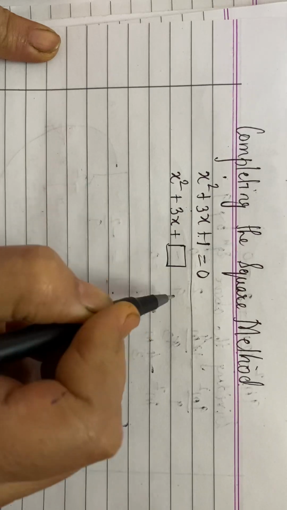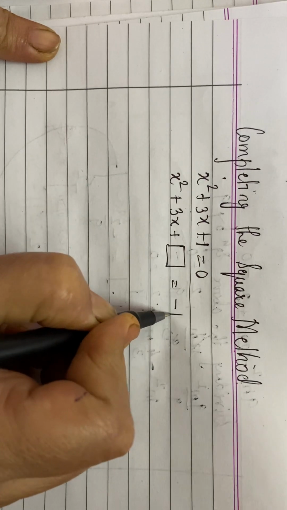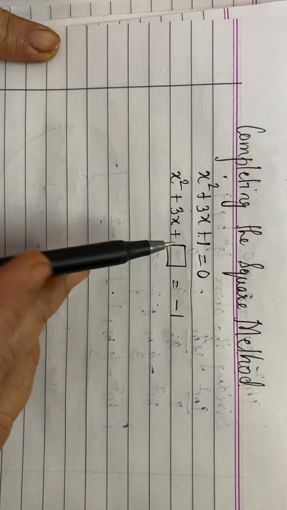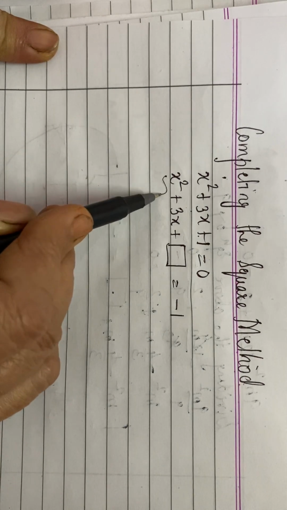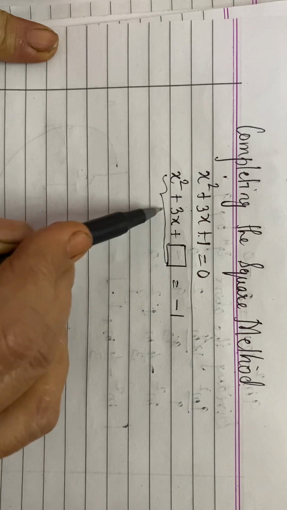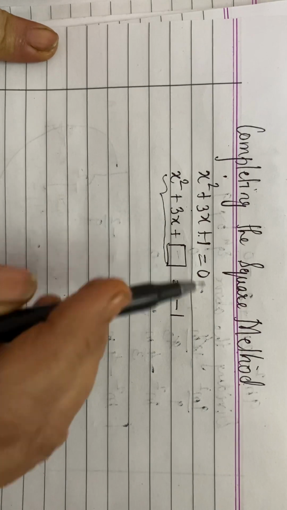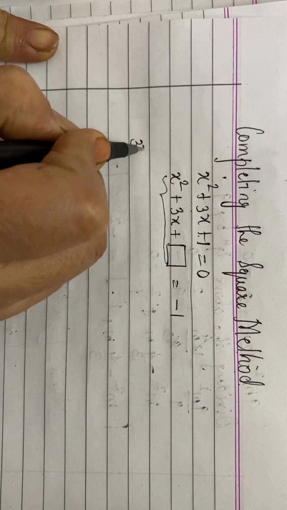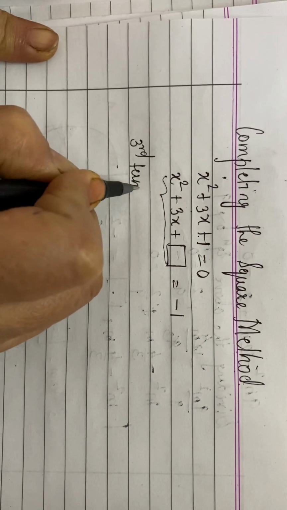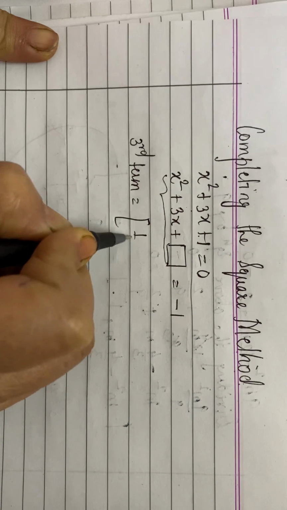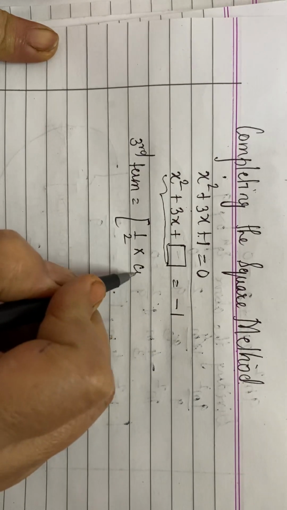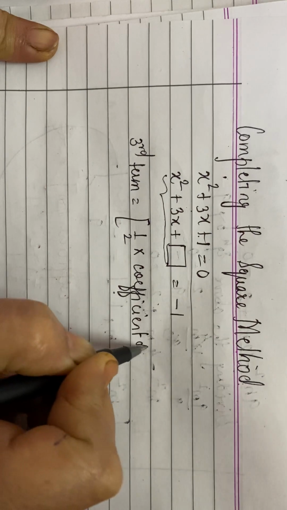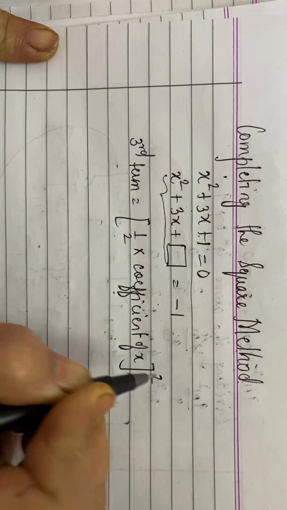This last term we are going to transfer to the right hand side, so that becomes minus 1. Now we have to make the left hand side of the equation a perfect square. To make it a perfect square, we will make use of the formula: the third term is equal to half into coefficient of x, whole square.